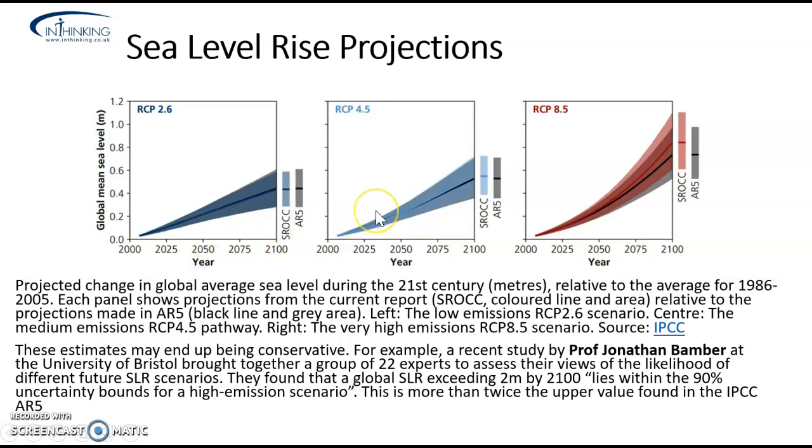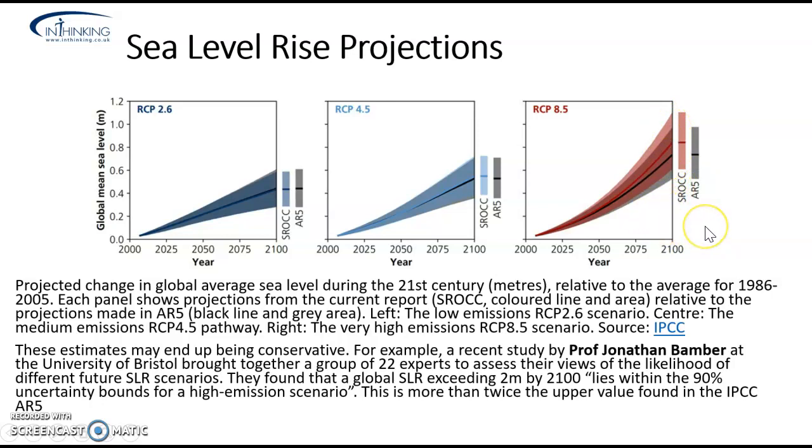In the middle here, we've got a medium emissions scenario, and on the right, the very high emissions scenario. This is all coming out of the IPCC data. And as you can see, future sea level rise will depend on our future projected emissions scenarios, with the higher sea level rise being seen in the higher emissions scenario.